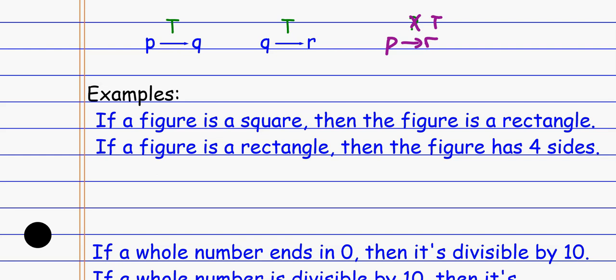So you see the conclusion that we can make, the new conditional statement that kind of jumps the gap? We could start with the first thing and say, if a figure is a square, then it has 4 sides.